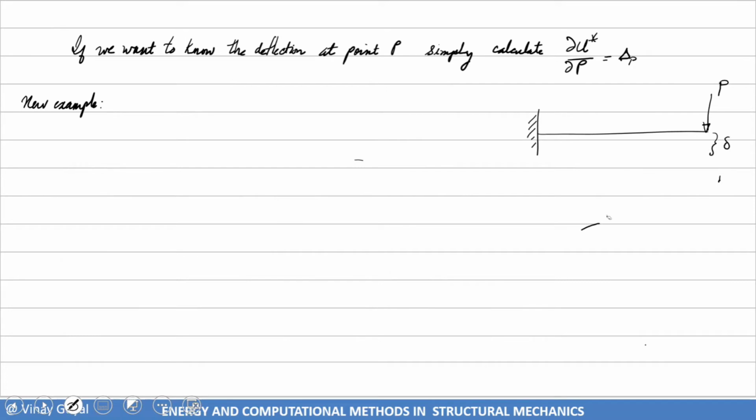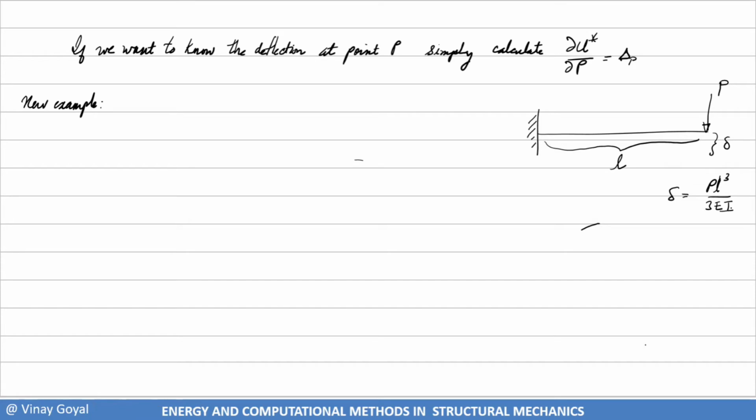Can somebody Google that for me and tell me what the answer is? And the length is L? Sure. So don't tell me. Tell me if it's correct what I'm going to write. It's going to be delta equals PL cubed over 3I. Yes or no? That's correct. Yeah, that sounds right. Right? This is exciting now.